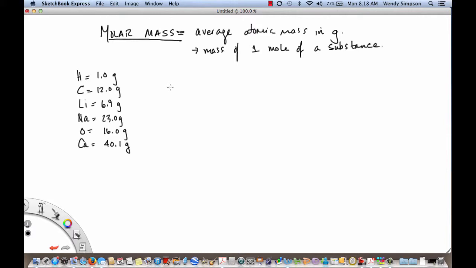So let's say that we are in the laboratory and we know that we have 3.1 moles of calcium. How many grams of calcium do we have? Well, again, we can set up a conversion factor.